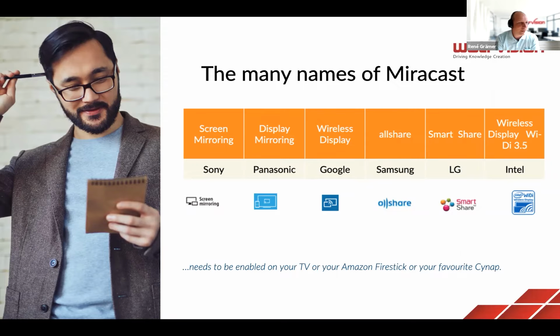For Sony, it's called screen mirroring, which is perfect. On Panasonic, it's display mirroring. On Windows, it's wireless display. On Google, it used to be wireless display 2. On Samsung, it was called All Share, SmartShare on LG, and Intel, the inventor of Miracast, actually had wireless display.